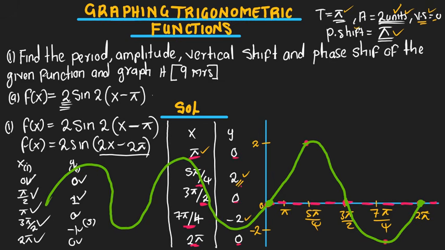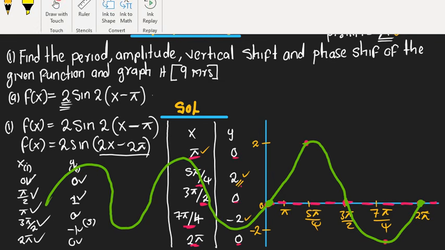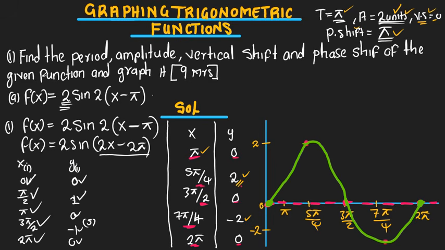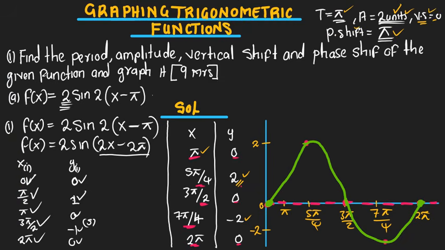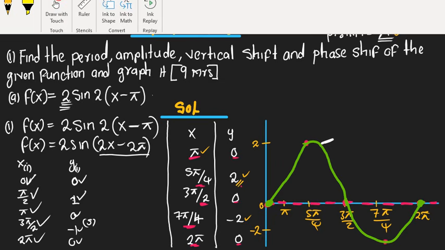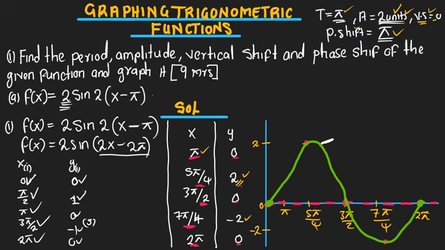But basically, this is just how it's supposed to come out. You get all your full marks. So this graph that we have drawn is your y is equal to 2 sine of 2x minus pi. And that is how you graph it.